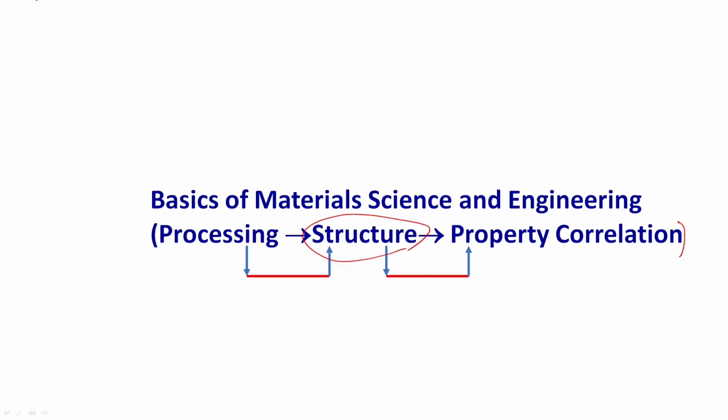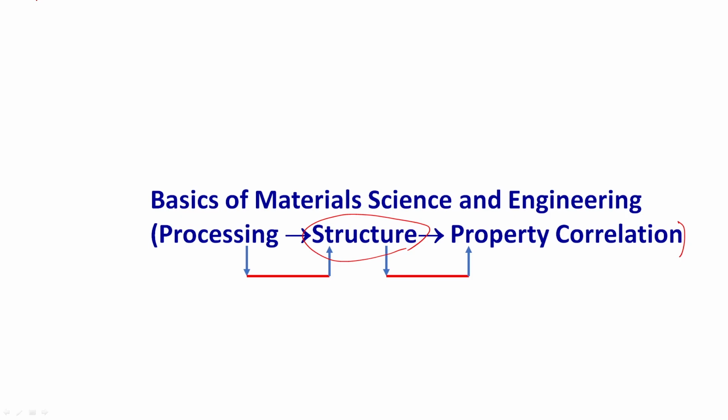So, first obviously we are going to do some recap as usual, and I have been telling you again and again that the basics of materials science and engineering is basically the connection between processing, structure and properties. Almost all materials are processed to give different kinds of components, right.